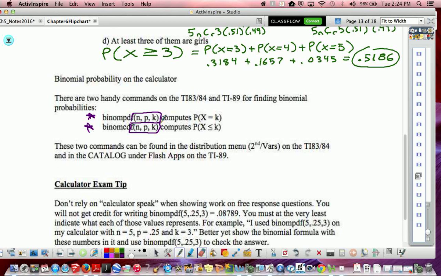Okay. Now, what's the difference between the 2? PDF just stands for probability distribution function. It's when you're doing an equals. So equals goes with the PDF. Okay. Binomial CDF is what's called the cumulative distribution function.